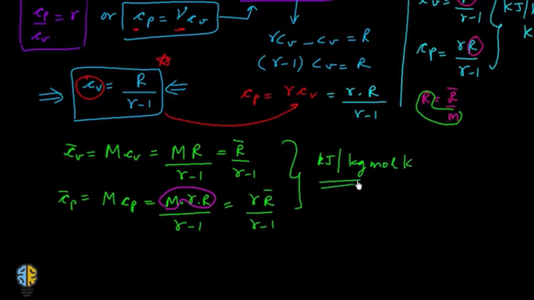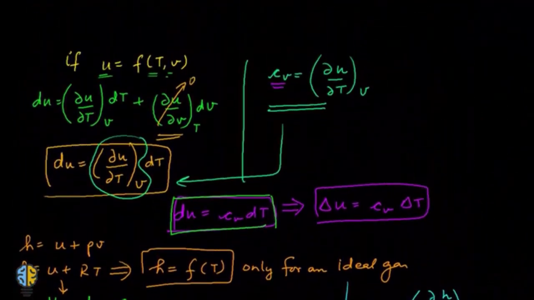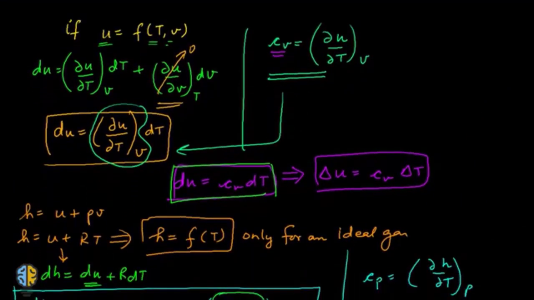So these are molar specific heats. So this is the video on the topic of internal energy, specific heats, and the enthalpy of an ideal gas. Now in the next video, let's talk about the entropy change of an ideal gas.